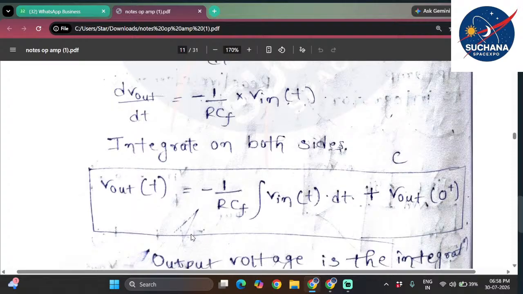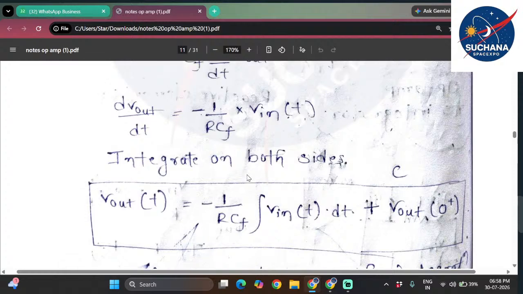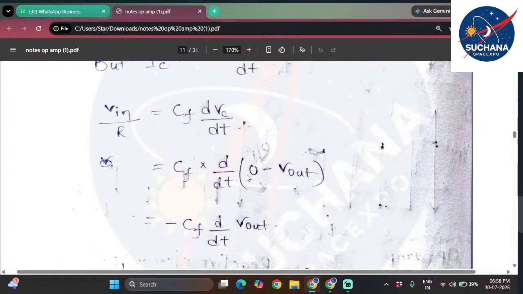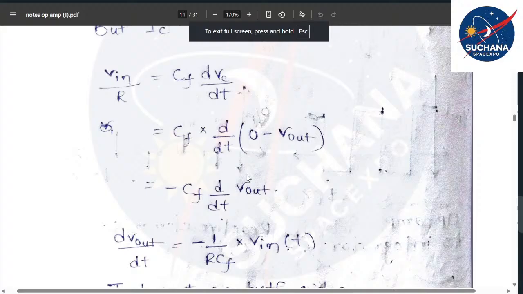All we did is replace the resistor with a capacitor. From the earlier scenarios we discussed related to summation, averaging, all these operations, in the negative feedback path we had a resistor, right? We replaced that RF feedback resistor with the CF, the feedback capacitor.